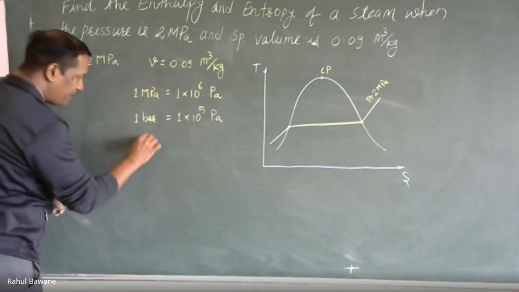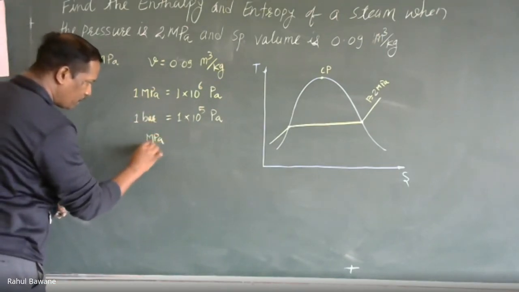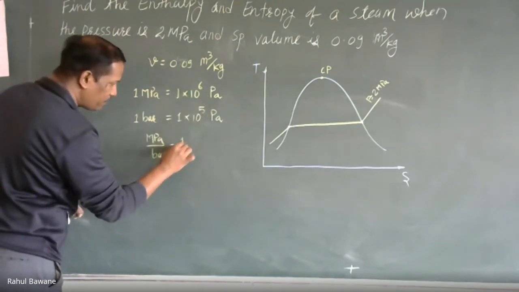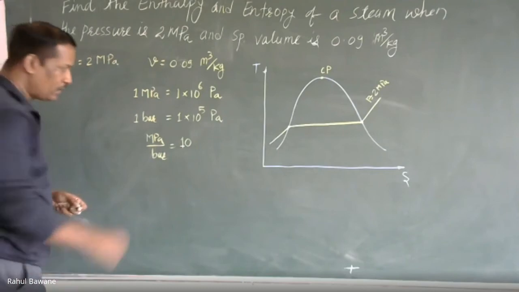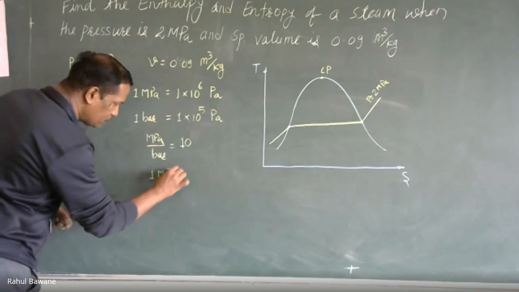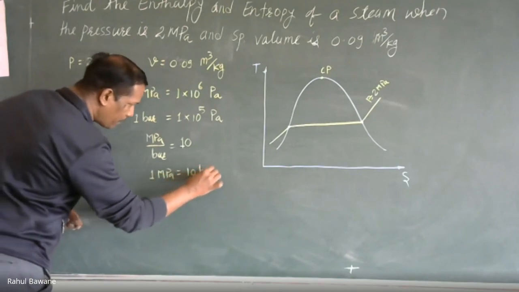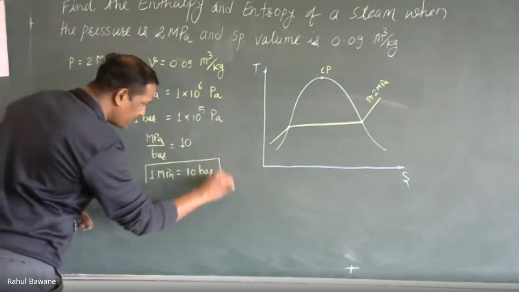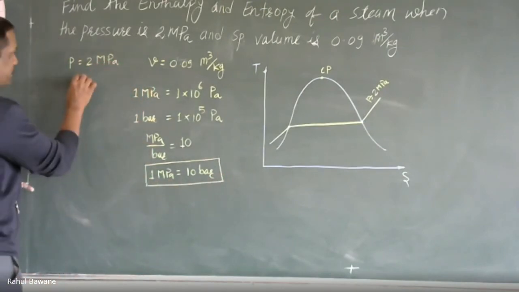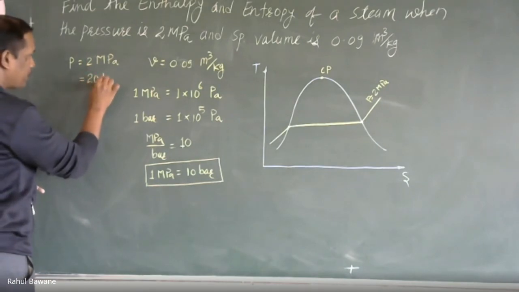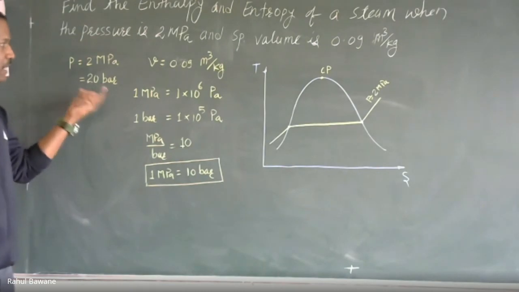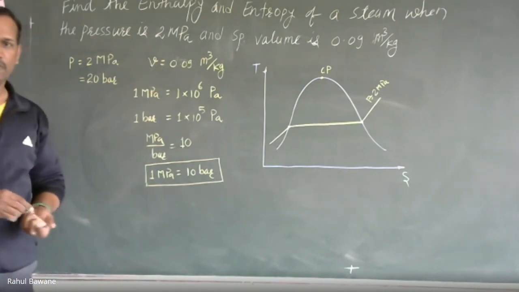If I simplify megapascal upon bar, it remains only 10. That means 1 megapascal is always equal to 10 bar. This is the relation. We have 2 megapascal, so pressure will be 20 bar. So pressure is given as 20 bar and specific volume is given as 0.09.